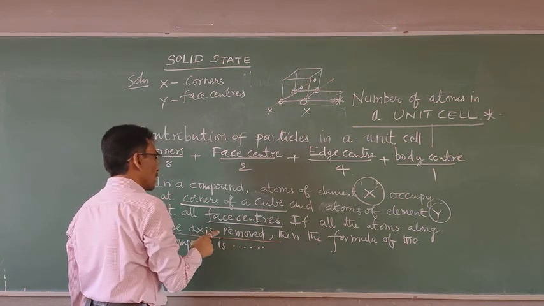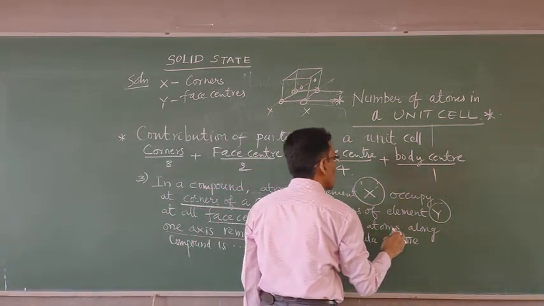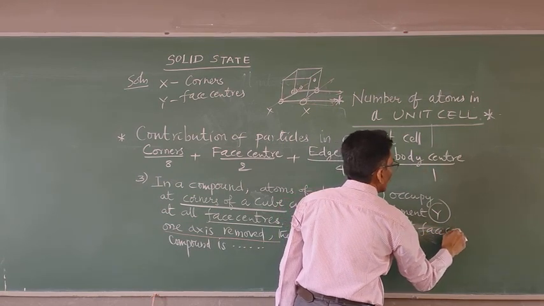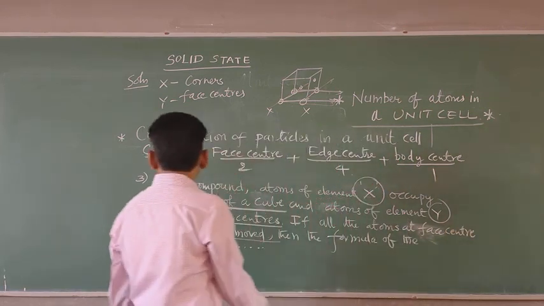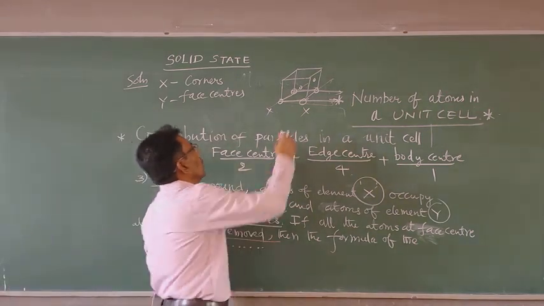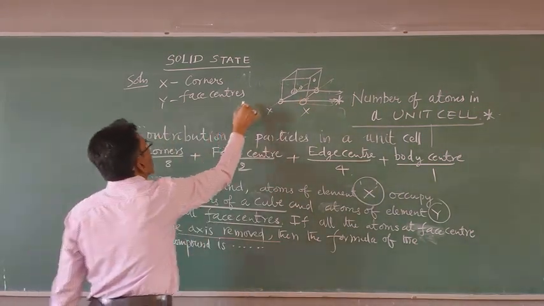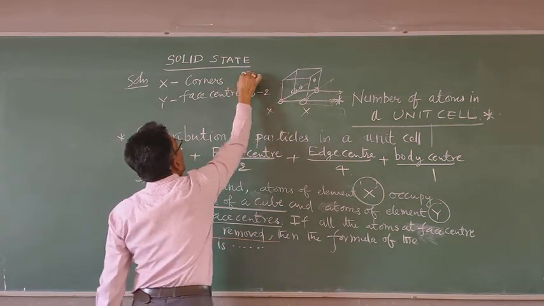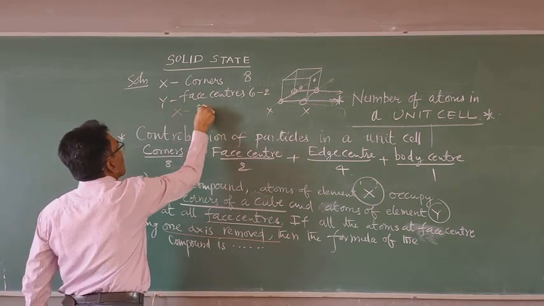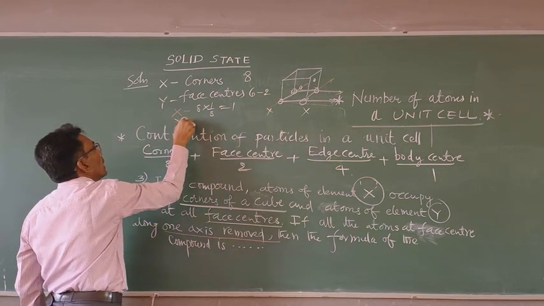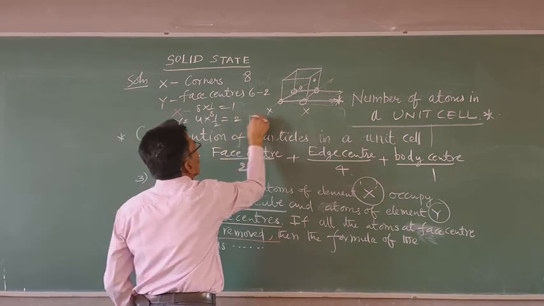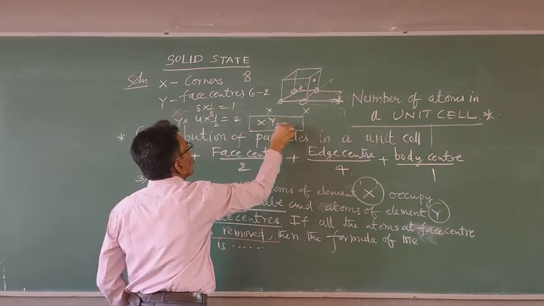All the atoms at face centers along one axis are removed. Two faces are there. Therefore, out of 6, 2 are removed. 8 corners cannot be removed. Therefore, the formula is X: 8 into 1 by 8, that is 1 in number; Y: 6 minus 2, 4 into 1 by 2, that is 2. Therefore, the formula of the compound is XY2, X1 Y2.